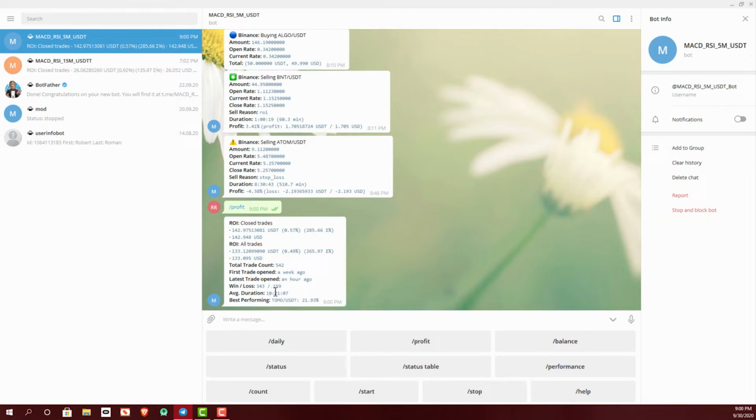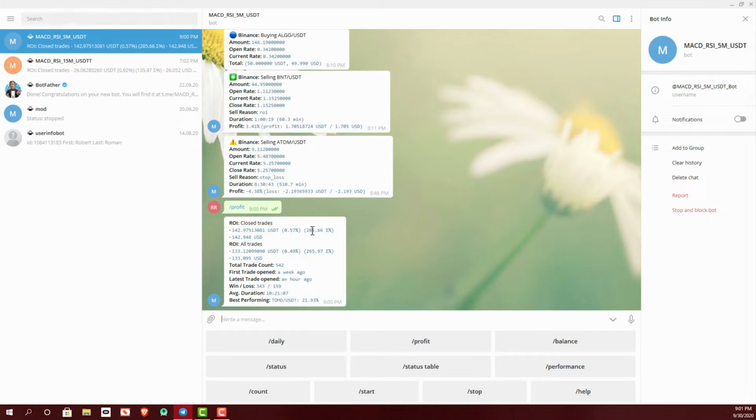The best performing trade was 21.93%. So when you see here, it says closed trades, and it says how much money I've made, $142. And it says here that 285 sum profit. The reason why it says I made 285% sum profit is because each trade is risking $50.